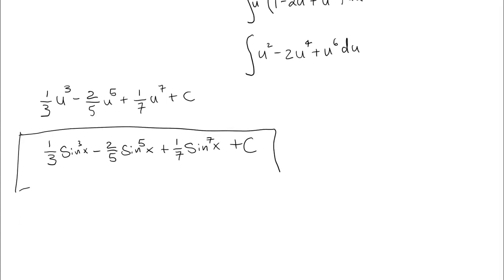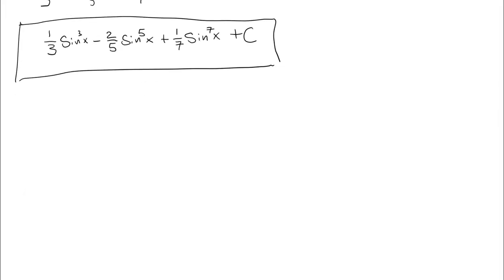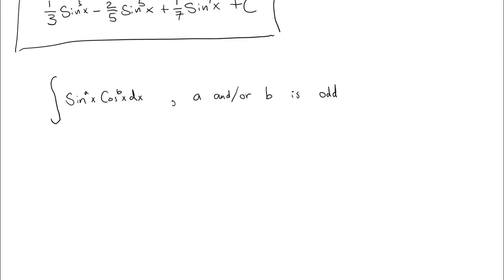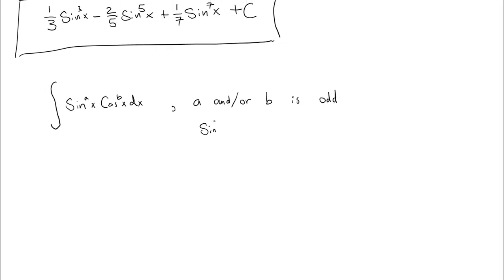So, just wrapping up here, whenever we have an integral that is written in the following form, which is sine to the power of a of x times cosine to the power of b of x dx, and at least one of these, either a and/or b, is odd, we can always take advantage of the fact that we know that sine squared of x plus cosine squared of x is equal to 1.